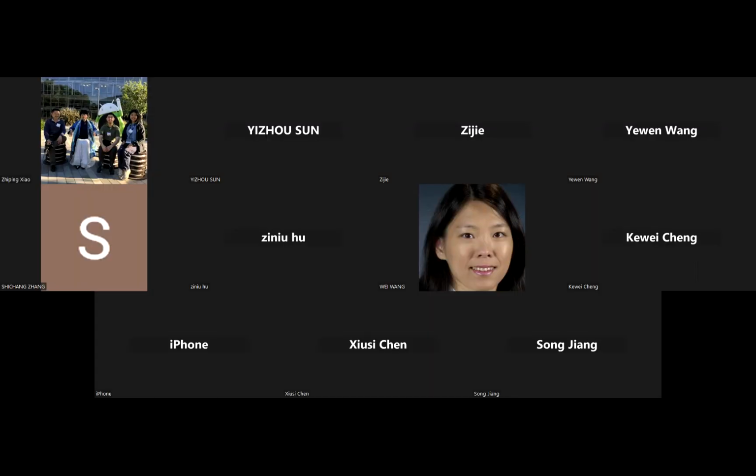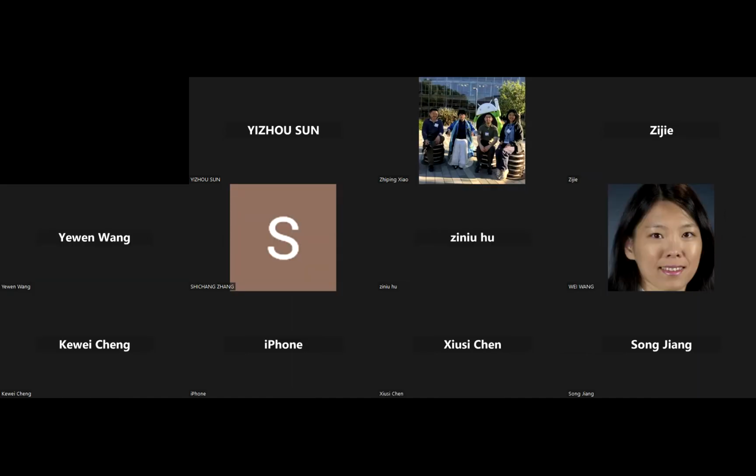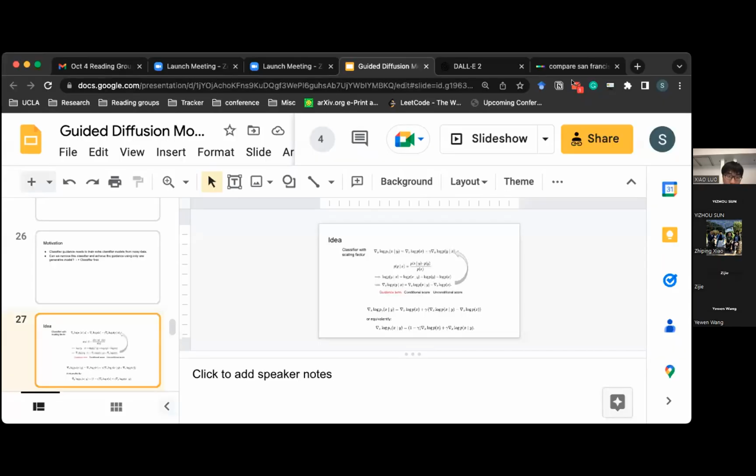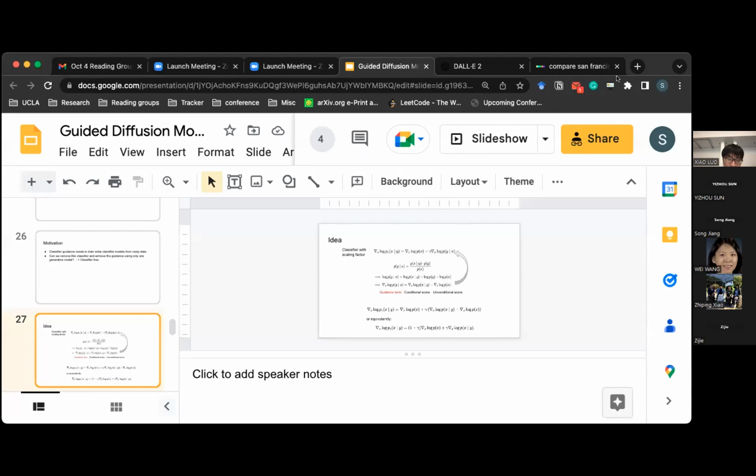They just have a little circle going around, saying you have started the screen sharing, but the screen doesn't show up. How about now? Yes. So where did I stop?